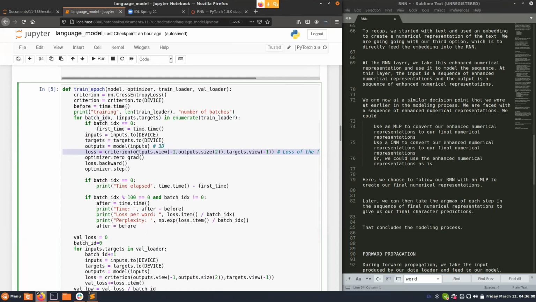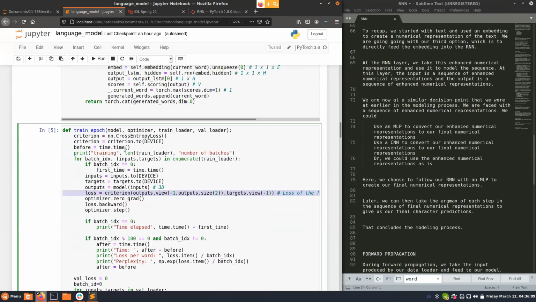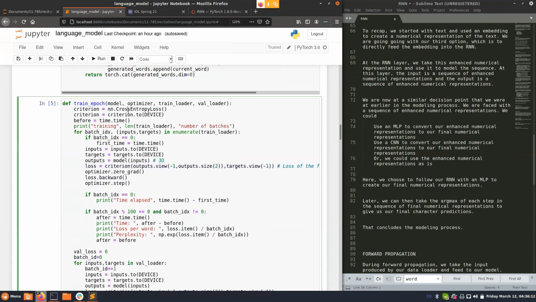Here, for the criterion, we have cross entropy loss. But what makes this one special is that what we were used to is a 2D array, maybe batch size by the number of observations.